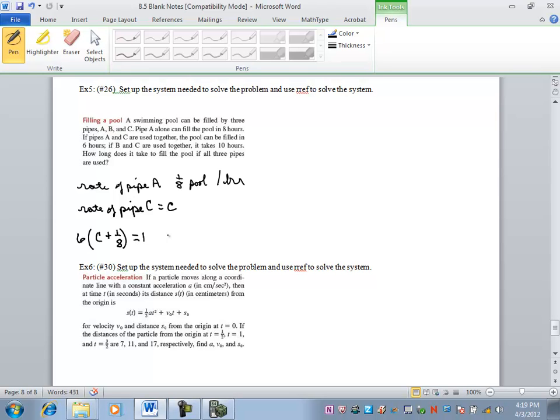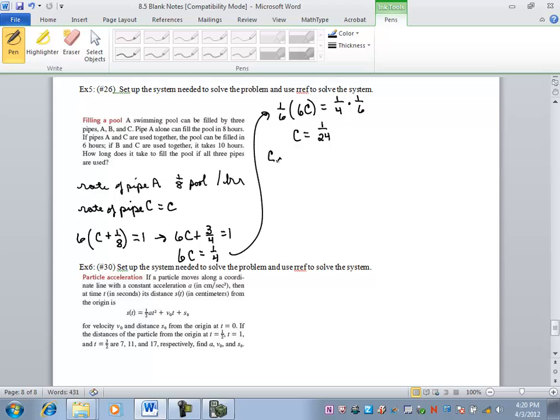This gets me 6c plus 3/4 equals 1. 6c equals 1/4. And so with that in mind, if we divide both sides by 6, 1/6 times 6c equals 1/4 times 1/6, we get c equals 1/24. So c needs 24 hours to fill the pool alone.